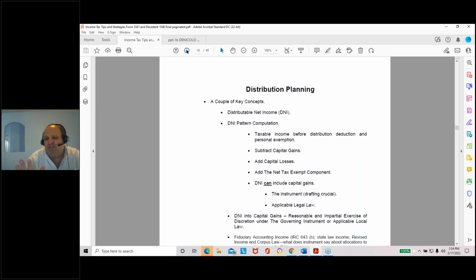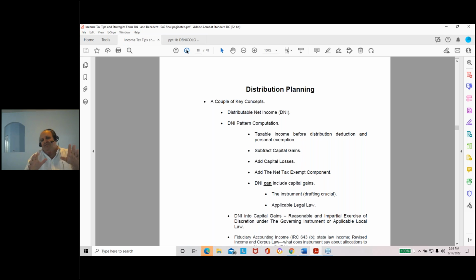Now, obviously, you have to understand the instrument because the instrument controls everything, right? Whether it's a will for an estate or whether it's a trust instrument for a trust. And distributable net income is your governor. That's a tax code concept that is your governor of what can be distributed, both as to ordinary income, tax exempt income, and if the instrument and state law cooperates, capital gain as well, right?